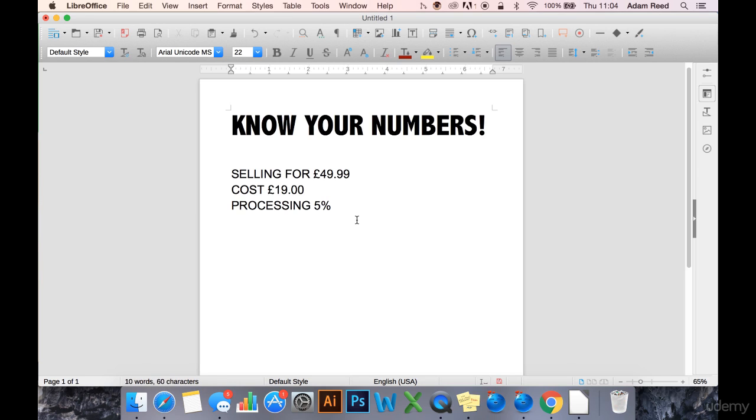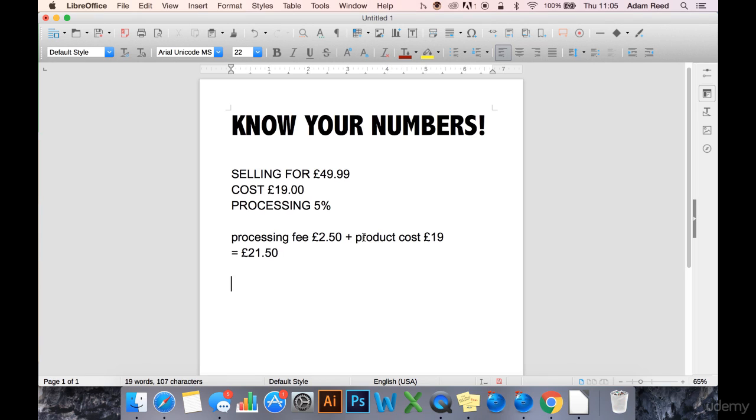So 5% of £49.99, let's say it's 50 quid just for sake of easier maths. That's £2.50 in processing fees per sale. Plus our product cost of £19 is a total of £21.50.